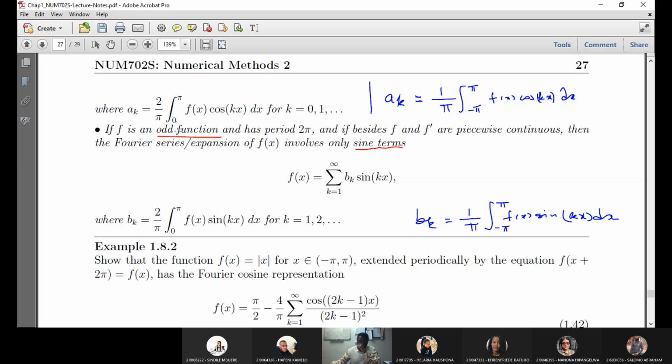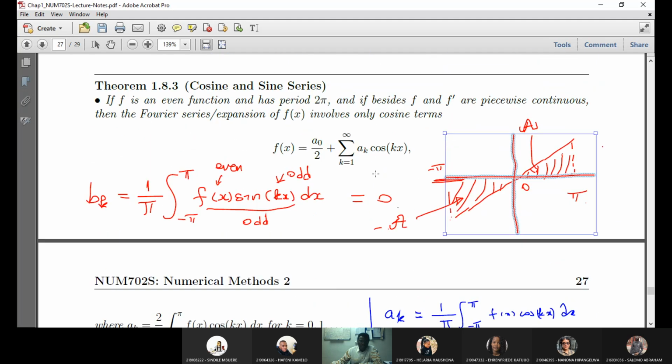So meaning that in this case, when f is odd, all the ak's will be 0, for the same reason I already explained. So that is it. What I've written here is a graphical explanation, but you can do that analytically. Let's try.